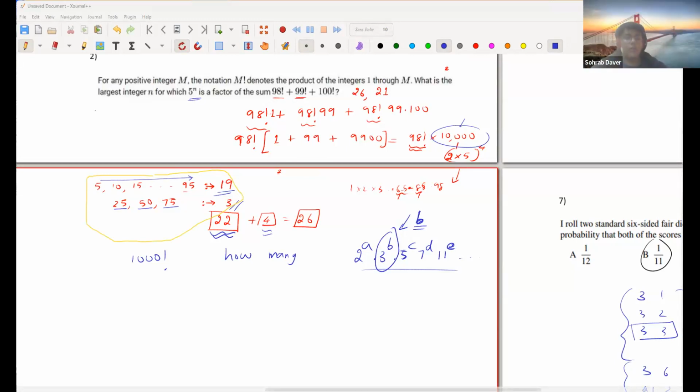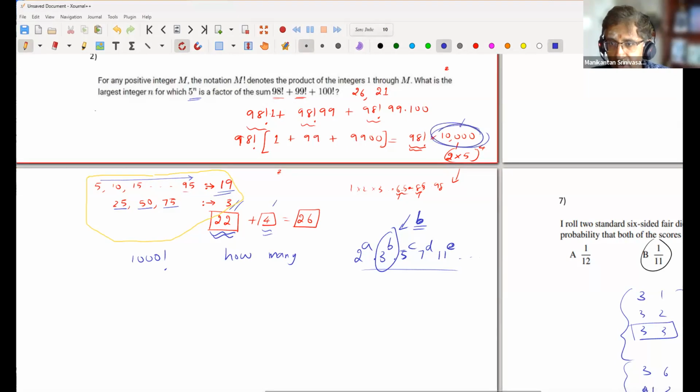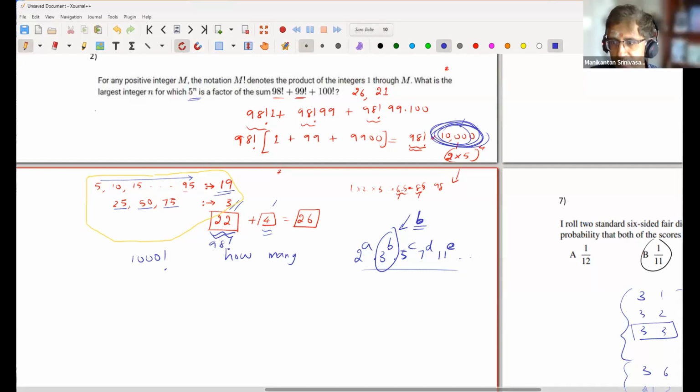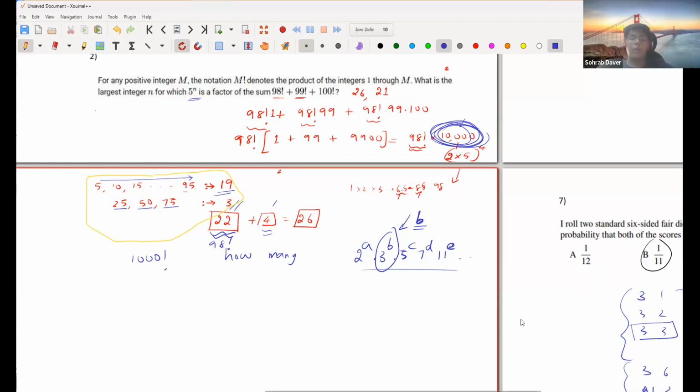So where did you get that 4 from? This 4 is from 10,000, which is outside. 98 factorial is only the 22. Yeah? Okay.